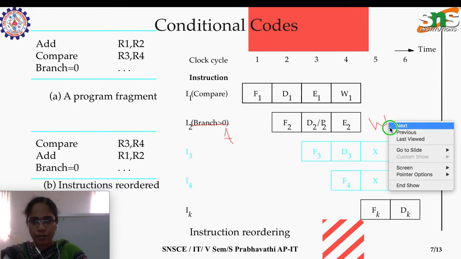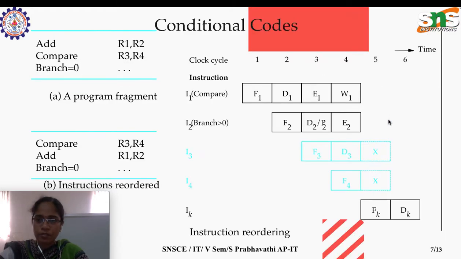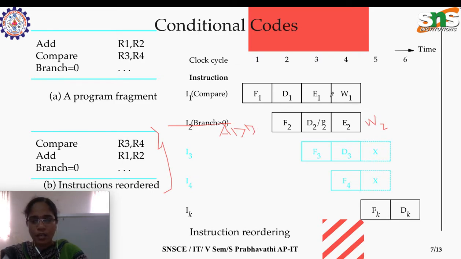I am discussing this for the code as I overwrite it here to make it clearer for you. So the add instruction will go as usual, and the result of I1 will be available at cycle 3, and here the branch will happen.